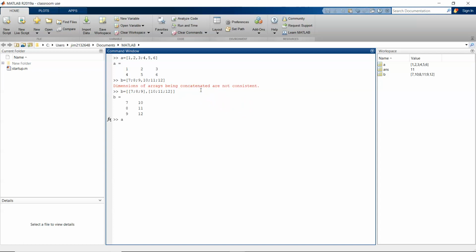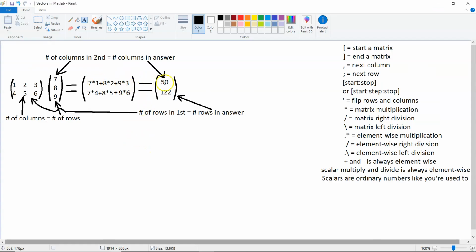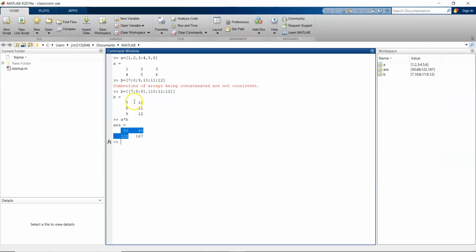Let's go A, matrix multiply B, and we have the answer. The first column is the answer we had before, right here. The second column is as if 10, 11, and 12 were B. Let's try that. C equals the 10, 11, 12. Let's just make C equal to that.